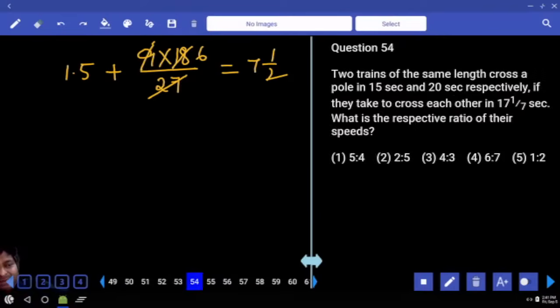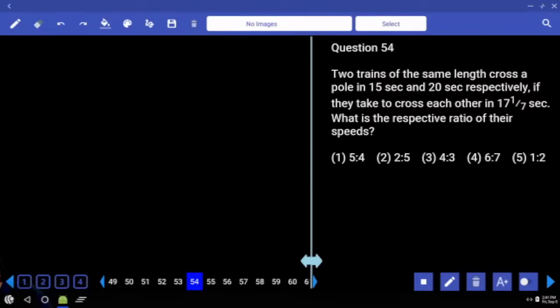Two trains of the same length cross a pole in 15 seconds and 20 seconds respectively. If they take to cross each other in 17 1/7 seconds, what is the respective ratio of their speeds? Speeds ratio. First train crosses a pole. Second train also crosses a pole. Next time they both cross each other.